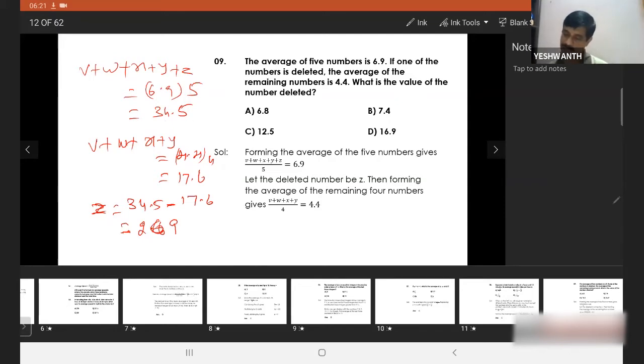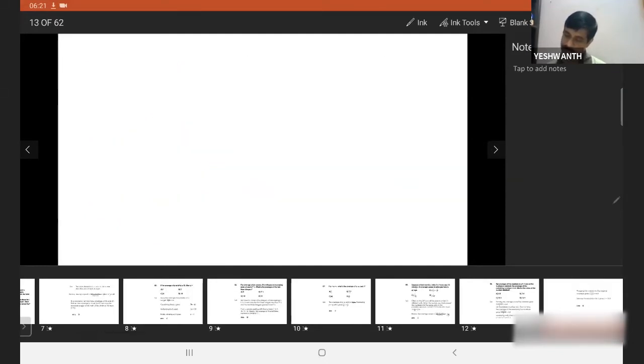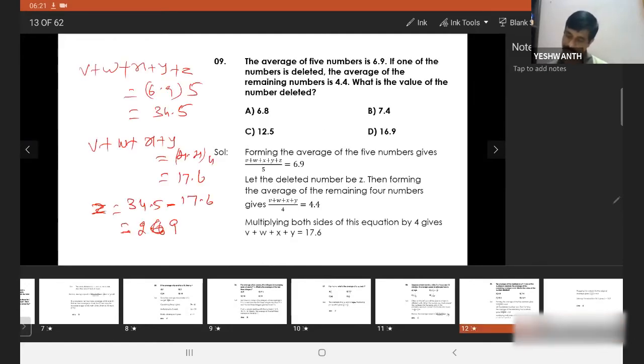So Z is simply the difference, 16.9. Correct. So you are getting 16.9, that is option D.